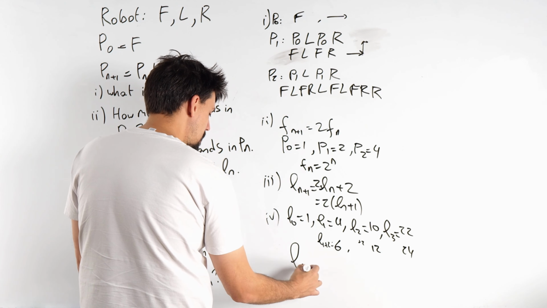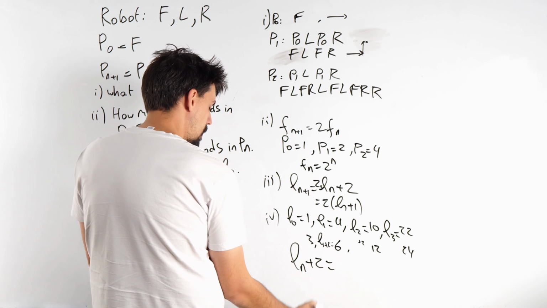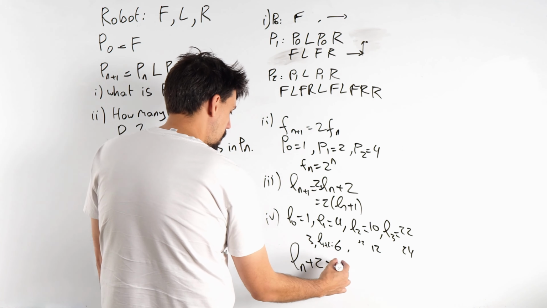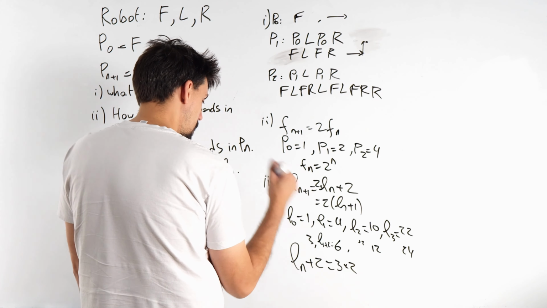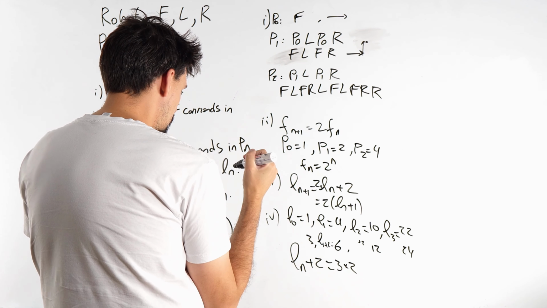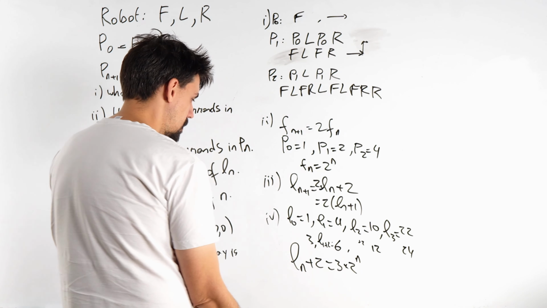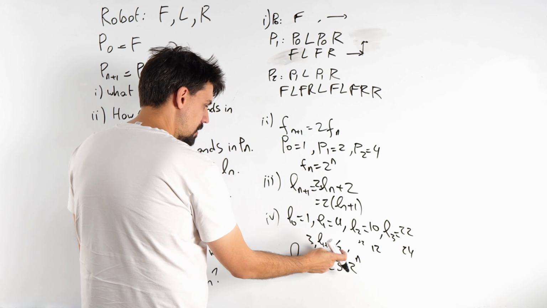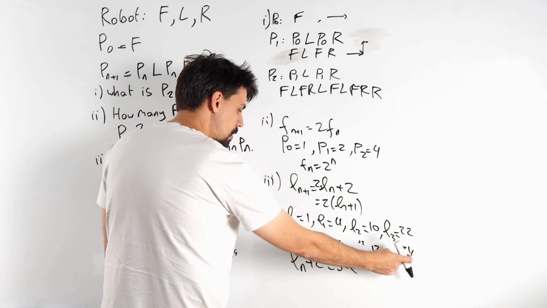So a hint in the question does say, let's consider ln plus 2. Well, that looks like it's 3 times 2 to the n. Is that right? Because that's 3 times 2, 3 times 2 squared, 3 times 2 cubed.